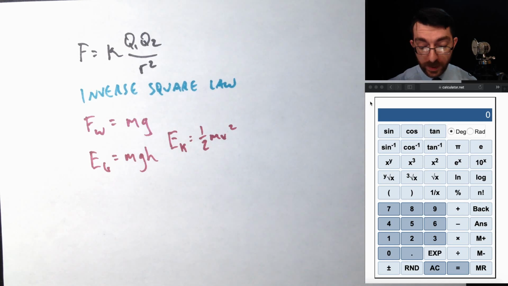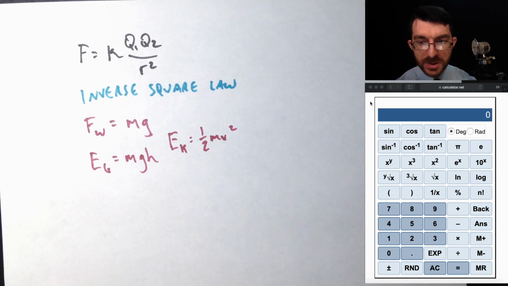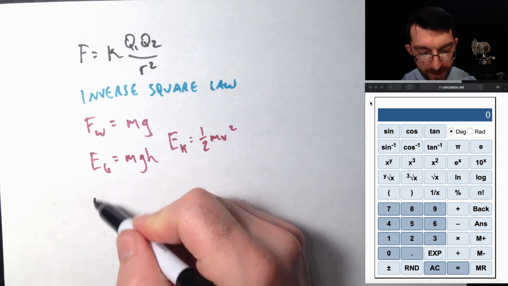However, we do have an inverse square law for gravity, and we didn't do all that much with it. I think we did some, just not that much. So let's go ahead and get that.